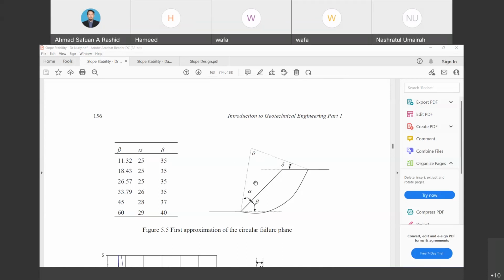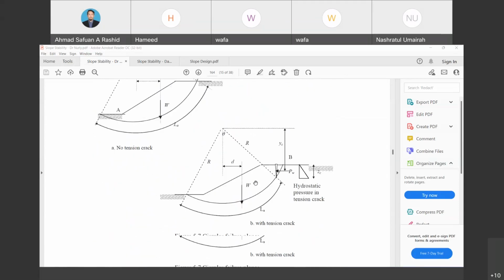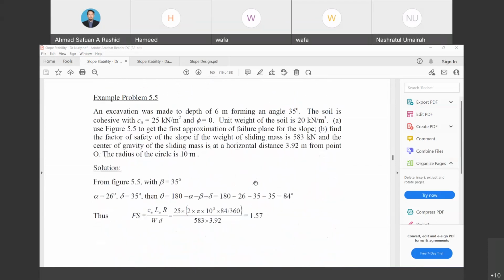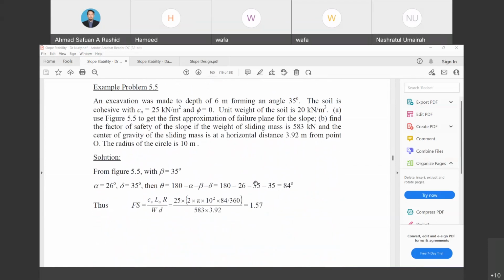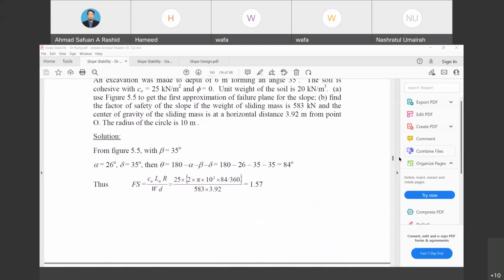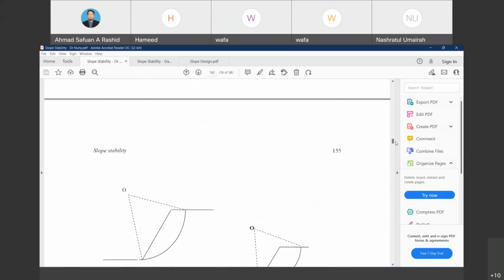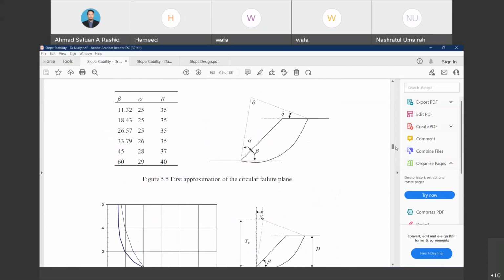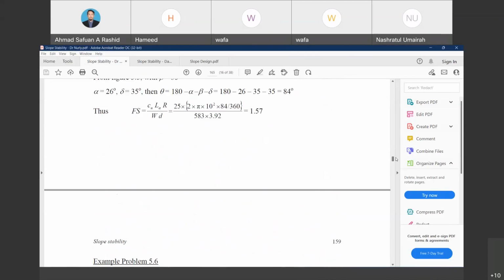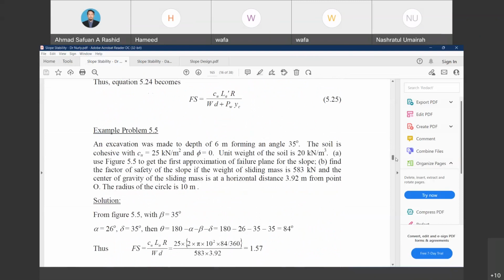So in this case, 180 minus alpha minus beta minus delta. I'm not sure how come they get 84.